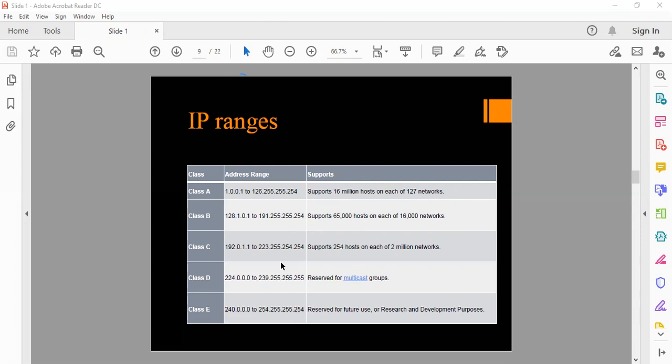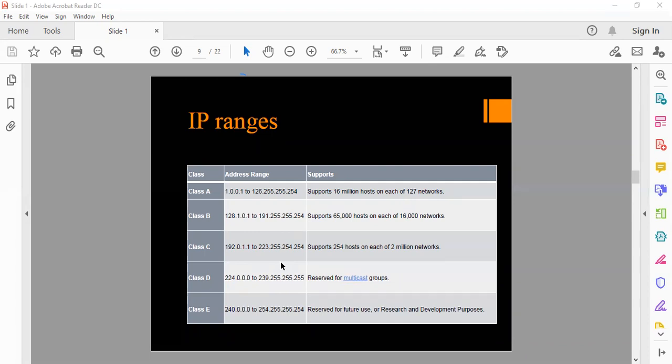If you use class A addressing, you will have only 127 networks, meaning you can generate 127 different networks.